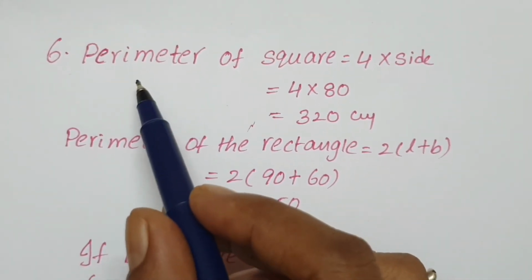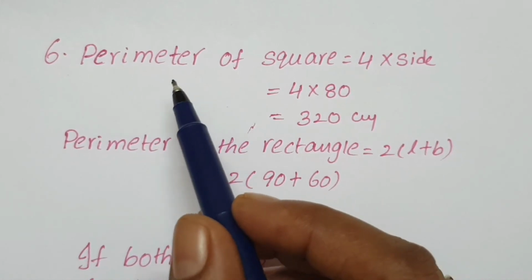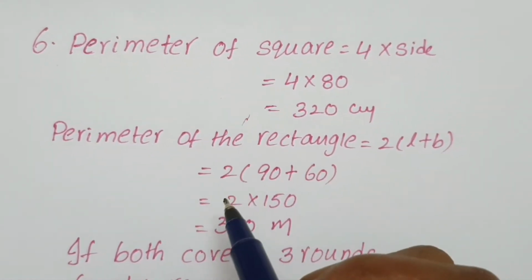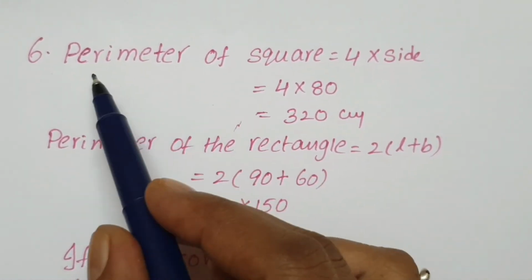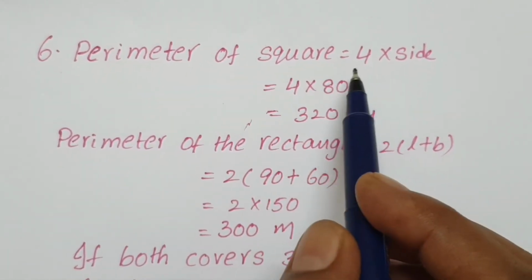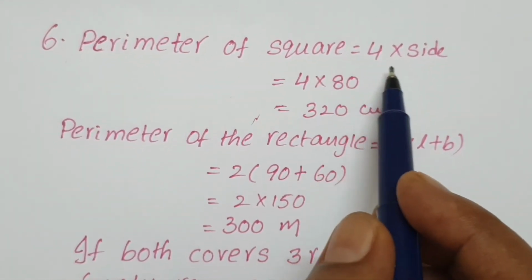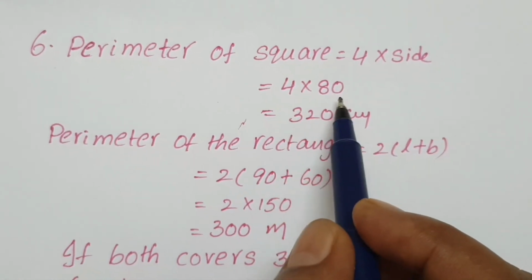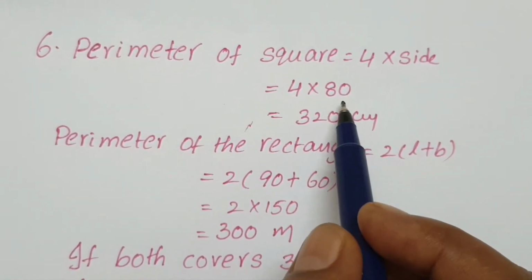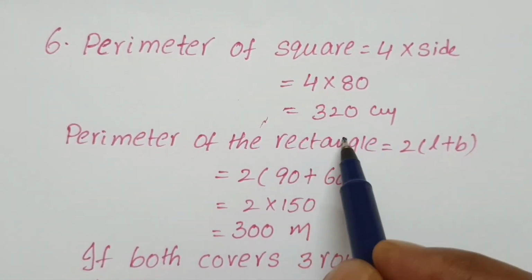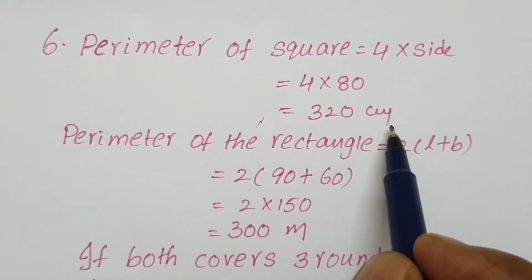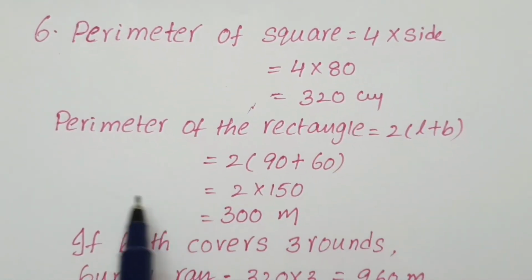Here Bunty goes around a square park, Bubbly a rectangular park.